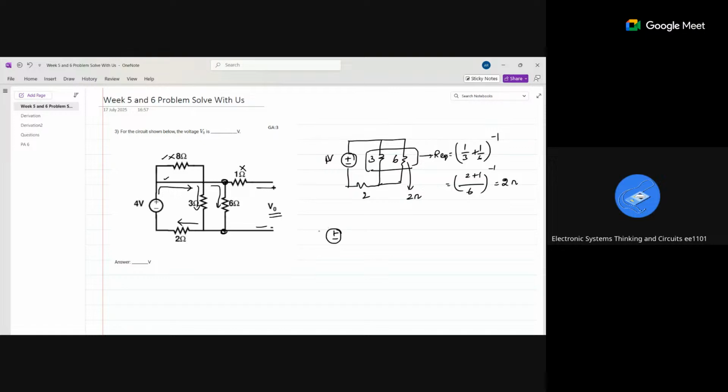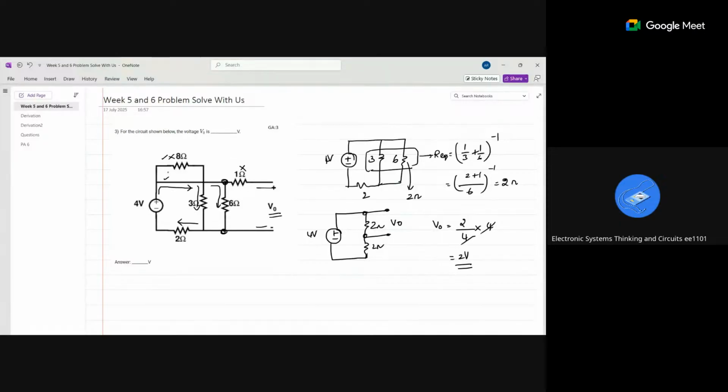So my circuit will get simplified as 2 ohm, 2 ohm. And I am supposed to find the voltage across this point. So my V naught will be 2 by 2 plus 2, which is 4, into 4. It's 2 volts.